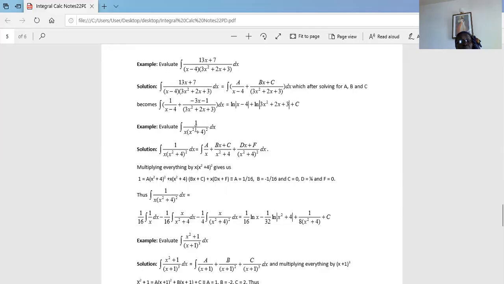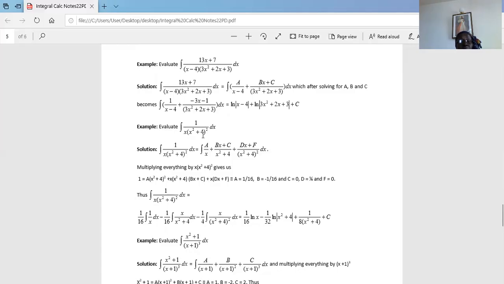The same here now. We have 1 over x into x squared plus 4 squared. Now it is the same as the case where we had x squared. We are squaring a factor. This factor is x squared plus 4, and it's being squared. So we have two factors here, x and x squared plus 4, but x squared plus 4 is also squared.